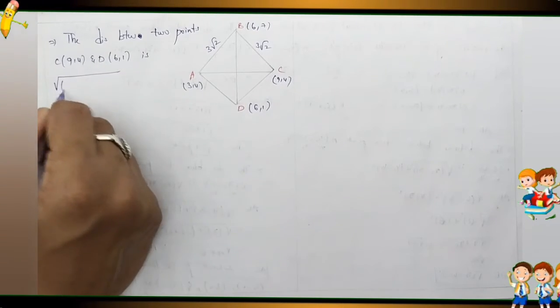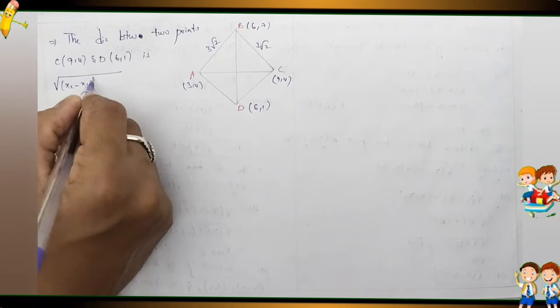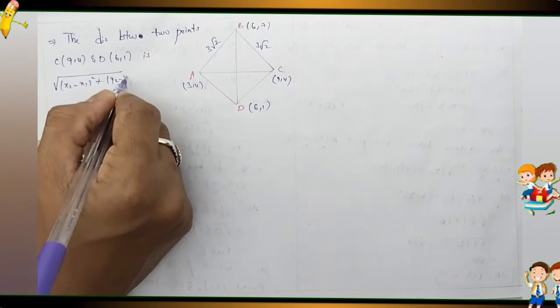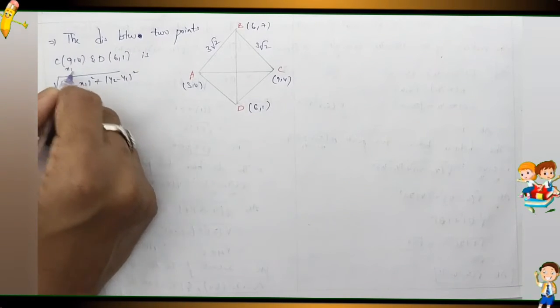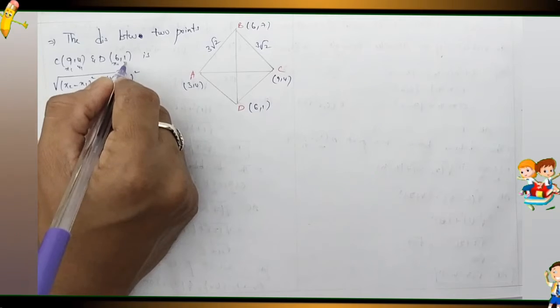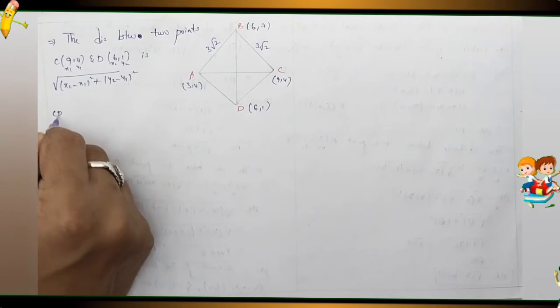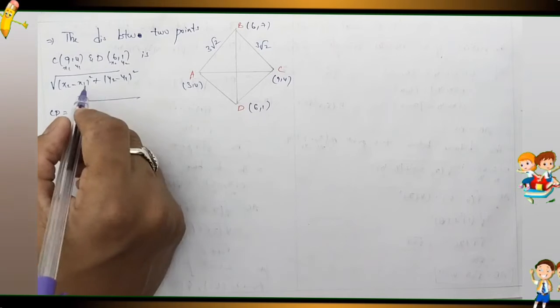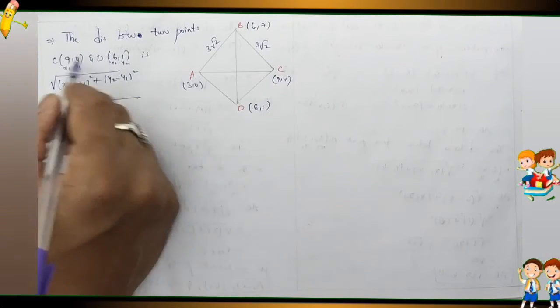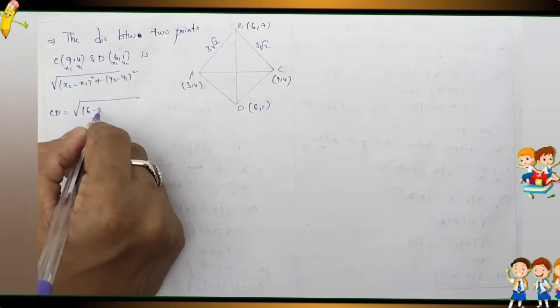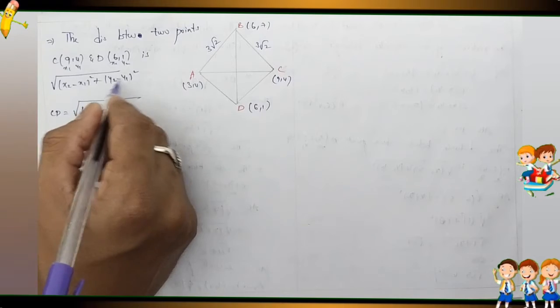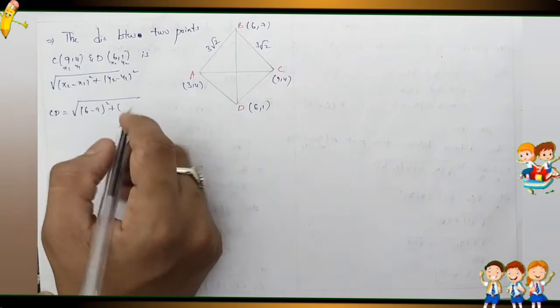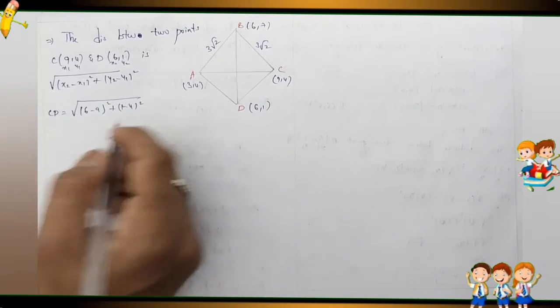Square root of (x2 minus x1) whole square plus (y2 minus y1) whole square, where this is x1 y1 and x2 y2. Now CD is equal to, substitute the values here. x2 minus x1, 6 minus 9, whole square. Next y2 minus y1, 1 minus 4, whole square.